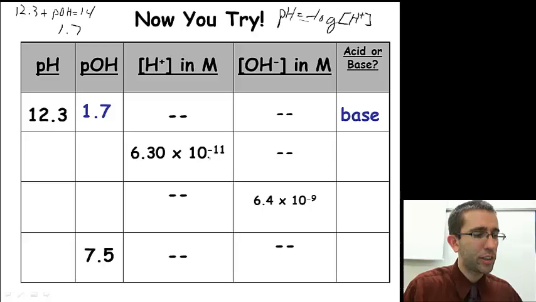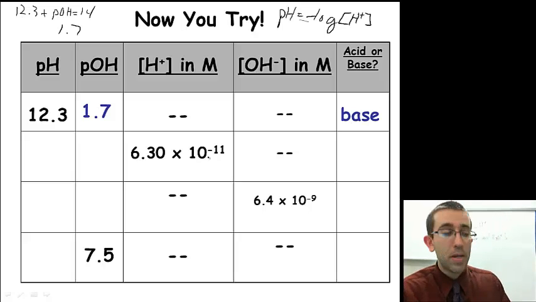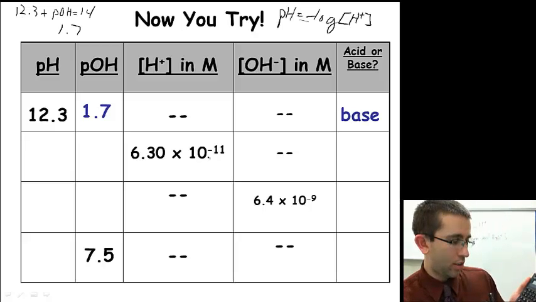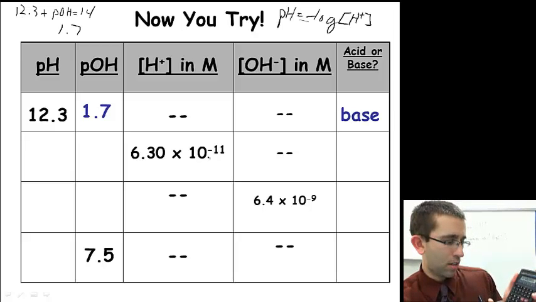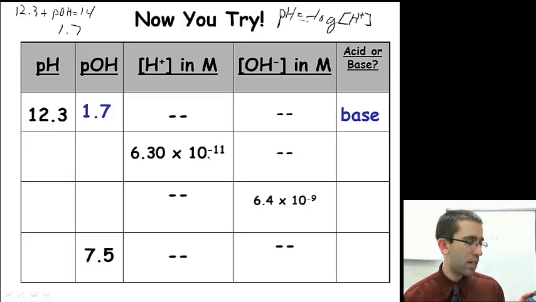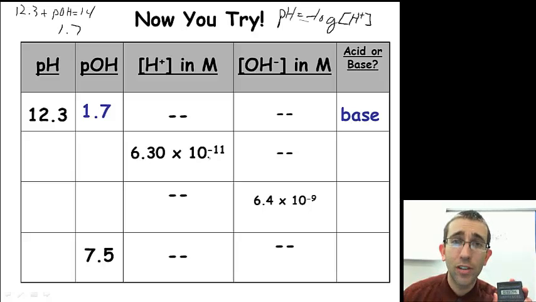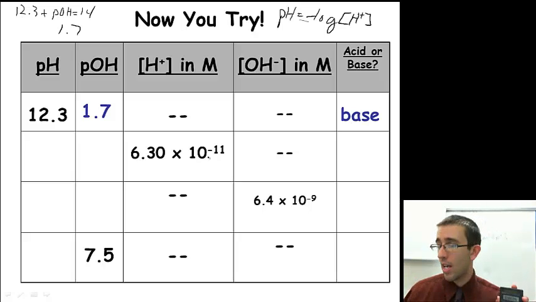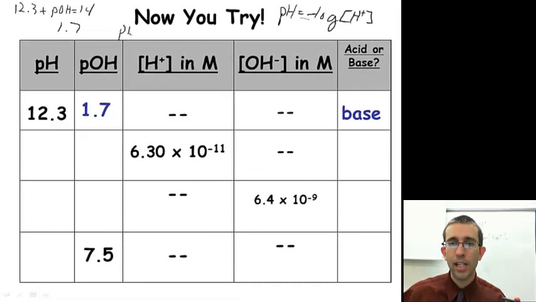I'll use one of my calculators again. So to find the pH first, you just do 6.30 exp negative 11. Hit the log button and then the negative button and you'll have your pH. I got a pH of 10.2. If you know your pH, remember pH plus pOH is equal to 14.